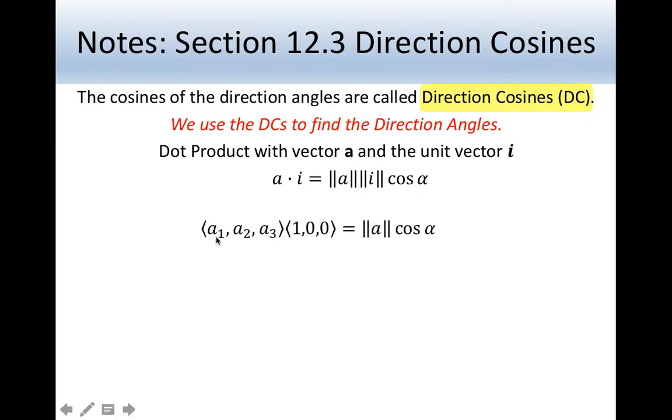So here are the components of A, A1, A2, A3, dotted with the unit vector I. Where did the I go over here? The magnitude of the unit vectors is 1, so there's actually just a 1 in here.